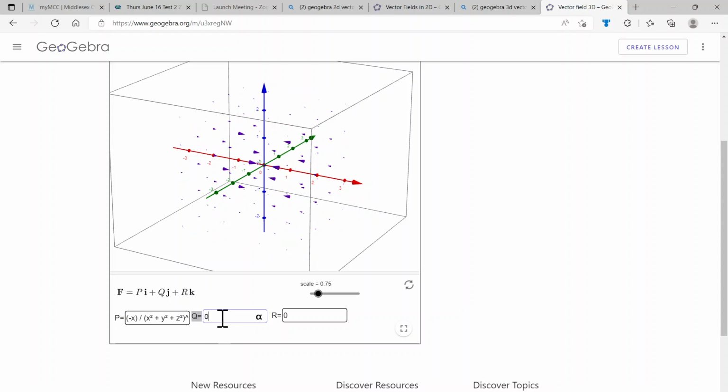Let me just copy and paste to save time typing it out. This one was minus y, and this one was minus z.